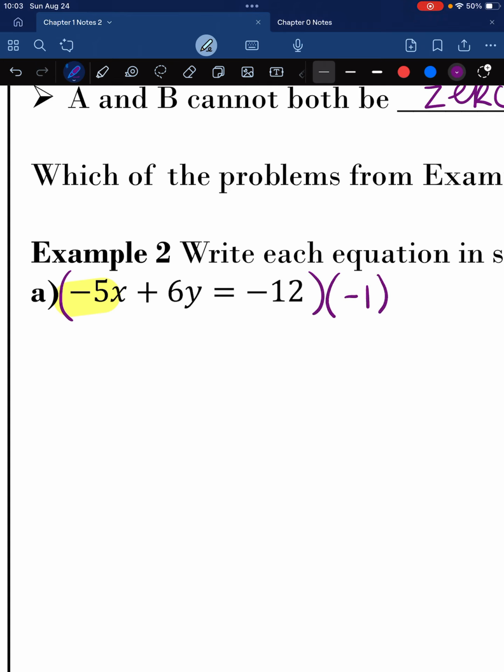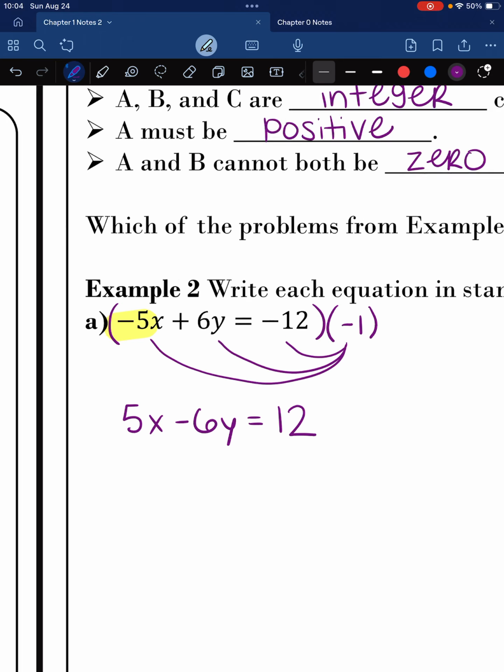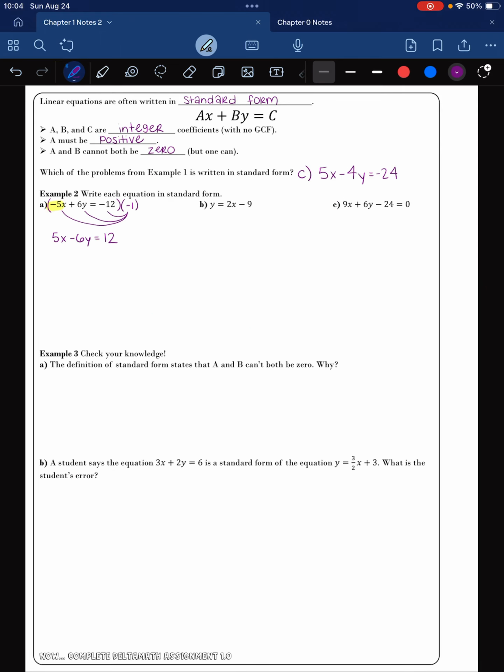Make sure I distribute that to every single term. I like my rainbows. Okay, so I end up with 5x minus 6y equals 12. And the last thing I need to check for is, can I divide them all by a common factor? And I cannot. 5 is prime, and it doesn't go into 6 or 12. So there we go.